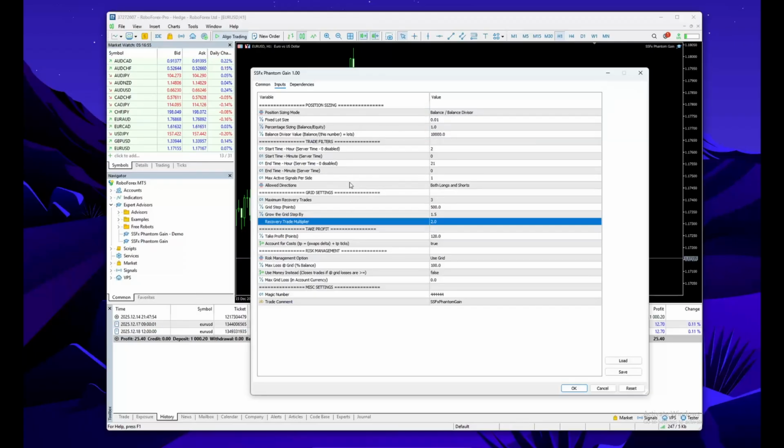As a quick explainer, if you can remember, on my account, the first trade is 0.1 lots. This is the signal trade. If the market goes against me for 50 pips, as you saw, or 500 points, bearing in mind my multiplier is 2, the next trade would be 0.2 lots.